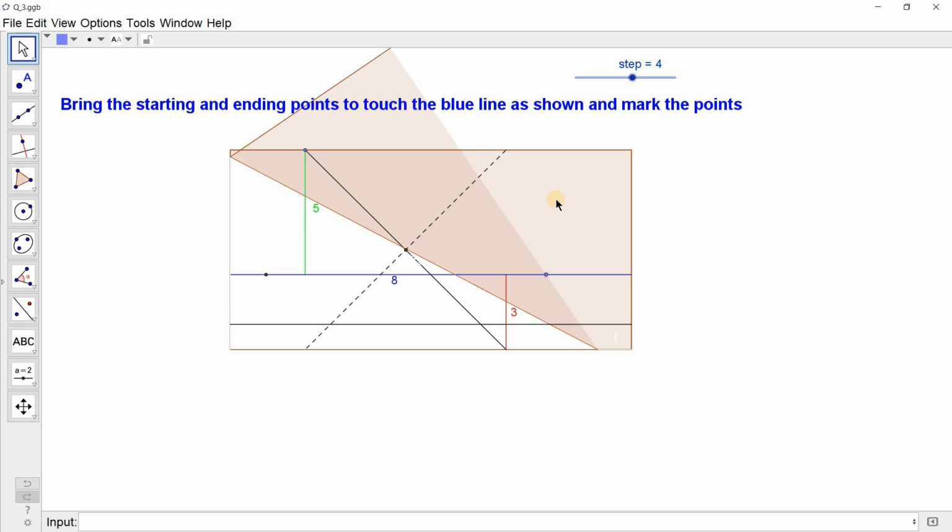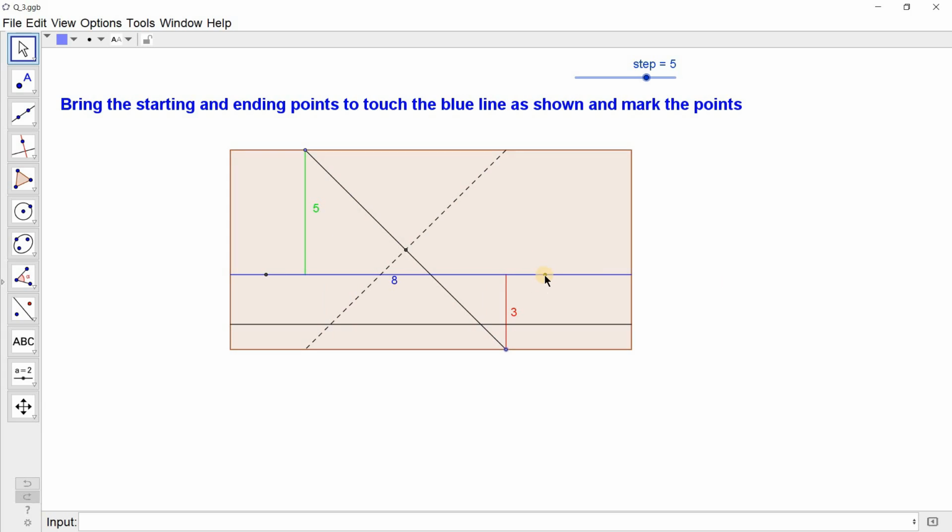You can use transparent paper to make your work easier, or you can trace the lines both on the front side and the back side of the paper to make this folding easy. So after doing this, we will also mark a point over here like this, and we will again unfold the paper.